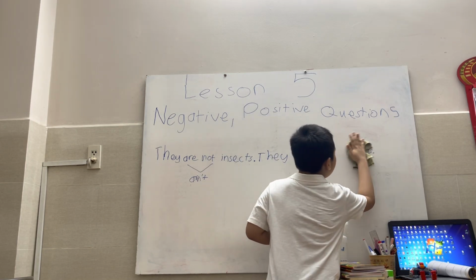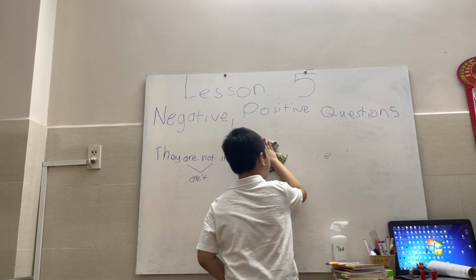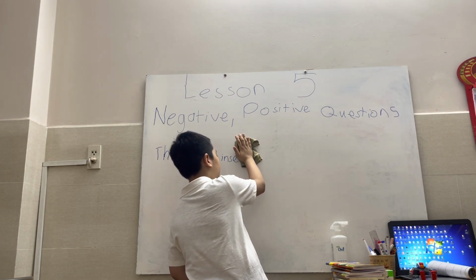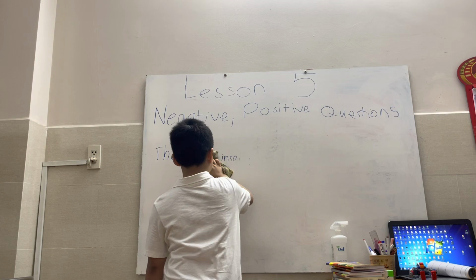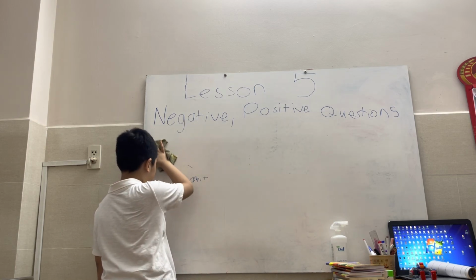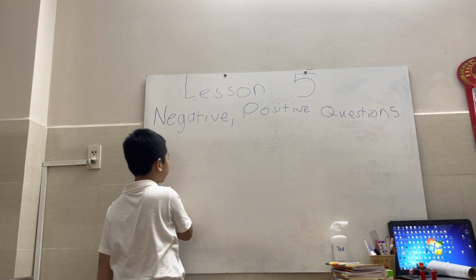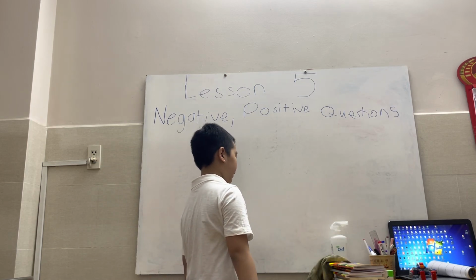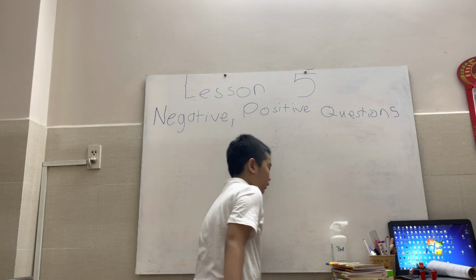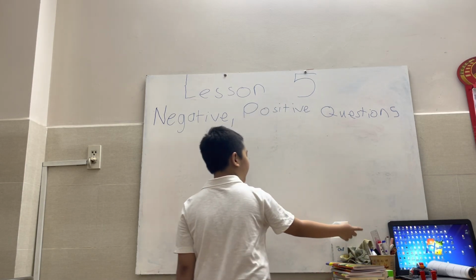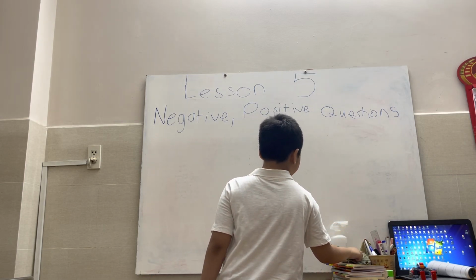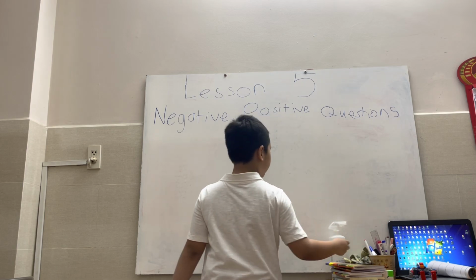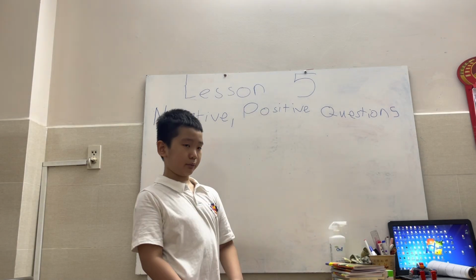Now, what is another type? Do you know what the next type is? Well, you see, another type of example is a negative first, and you could see there are many examples of that.